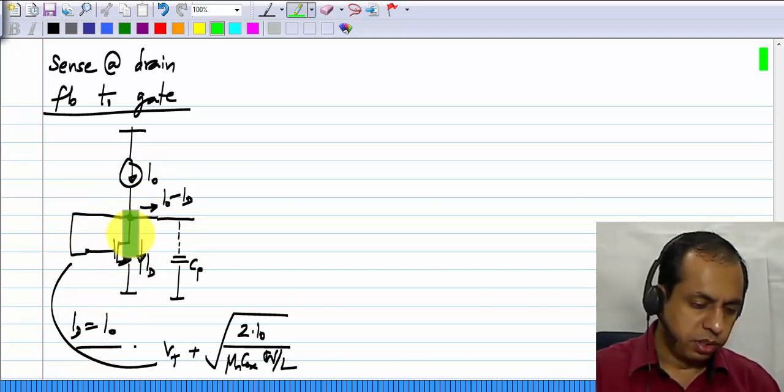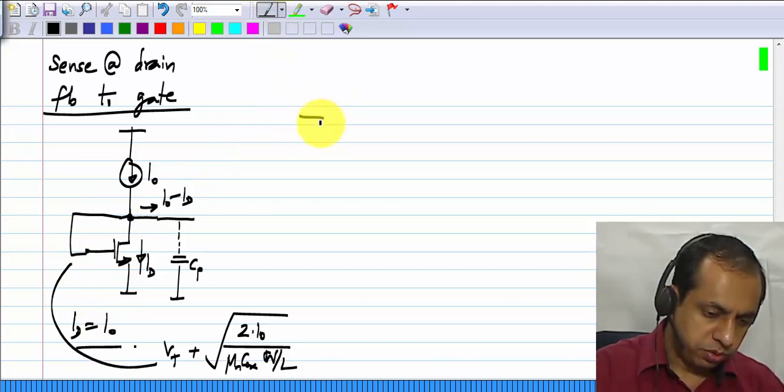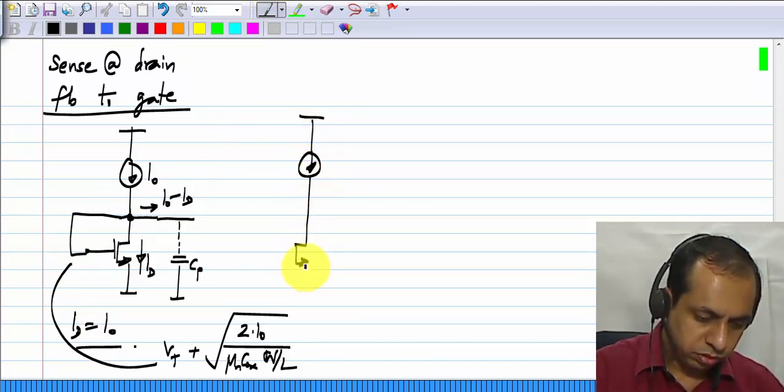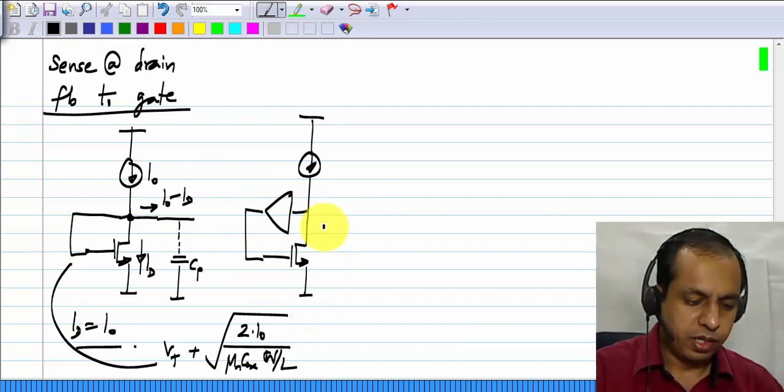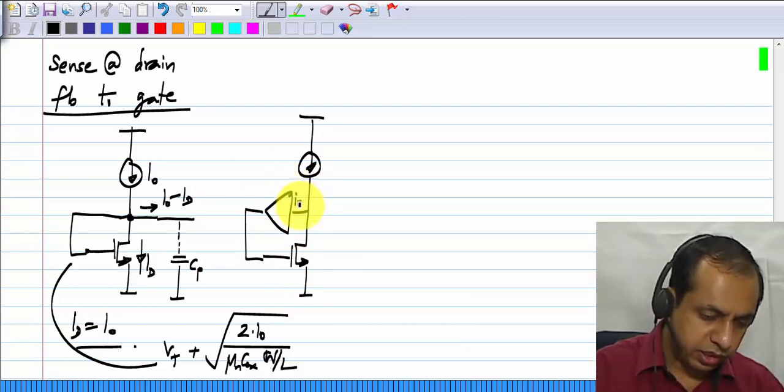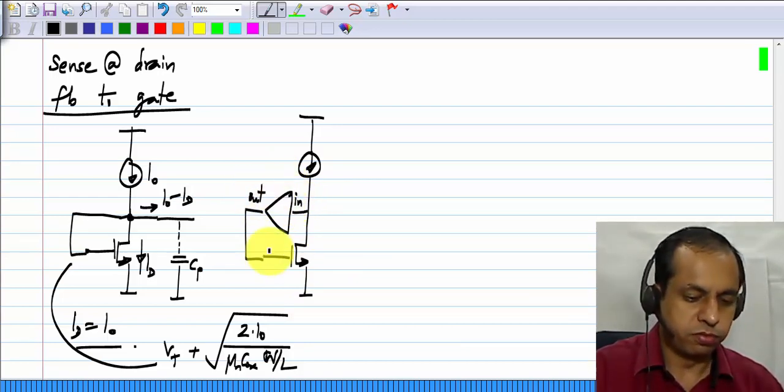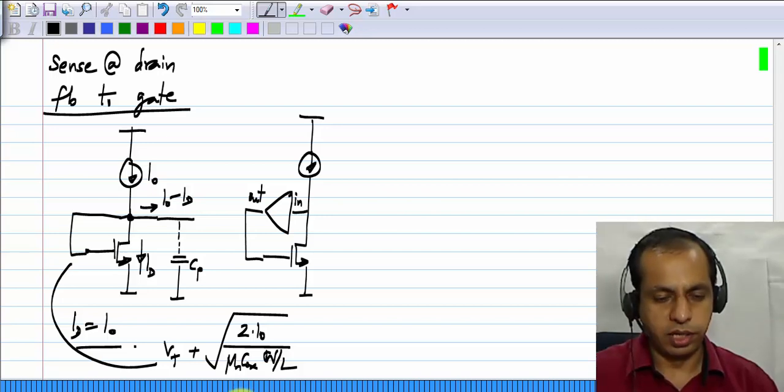Now this is not the only possibility. We can also have any other block here. I will just show it like that, indicating that this side is the input and that side is the output of whatever is shown as the triangle.